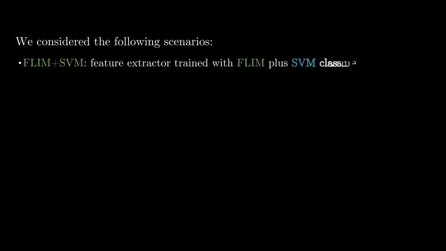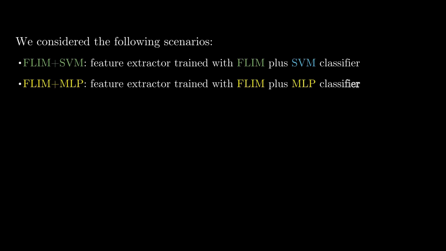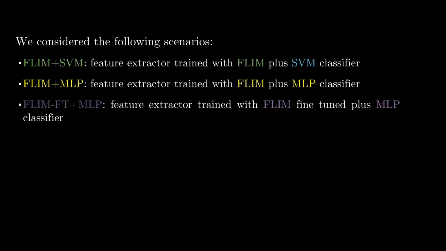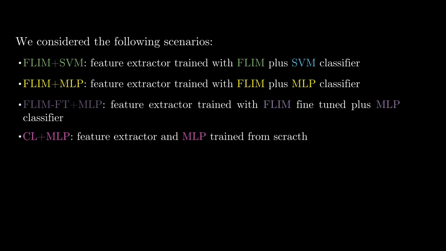We then consider the following scenarios. The feature structure learned from FLIM with an SVM classifier. The feature structure learned from FLIM with a multilayer perceptron classifier. The feature structure learned from FLIM with a multilayer perceptron classifier, and we adjusted the structure using backpropagation. We trained the feature structure and the classifier from scratch using backpropagation.